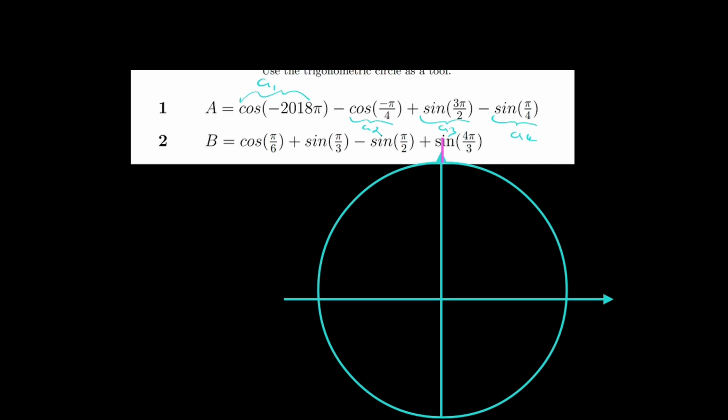So first, A1. We want to locate this angle. Here we can start at 0, doing one turn around, going to 2π, etc., until we get to 2018π.